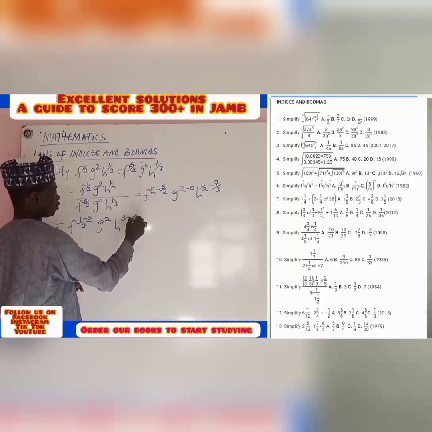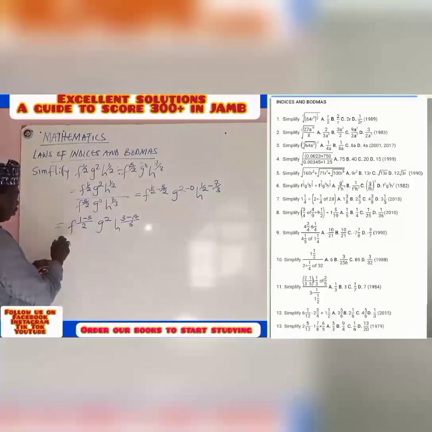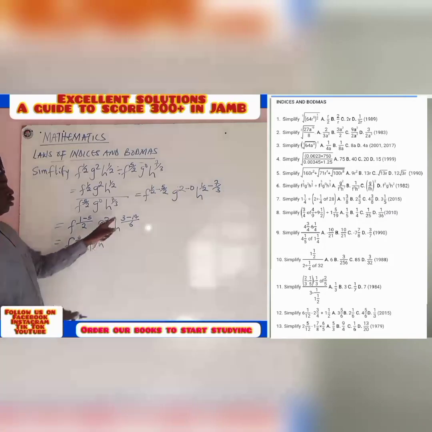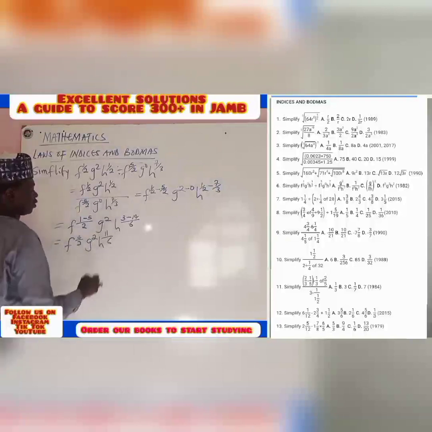So 3 minus 14 over 6. So we are going to have F power minus 4 over 2, G power 2, and H power 3 minus 14, which is minus 11 over 6.